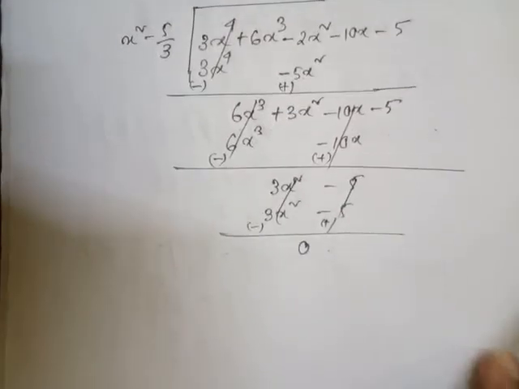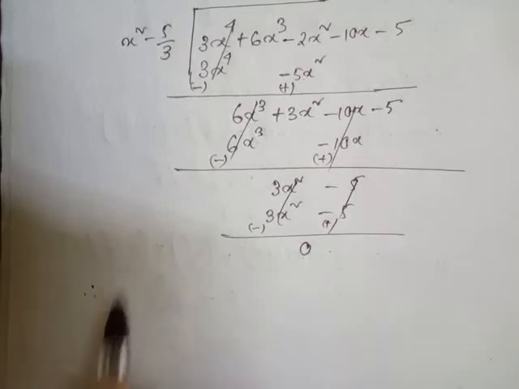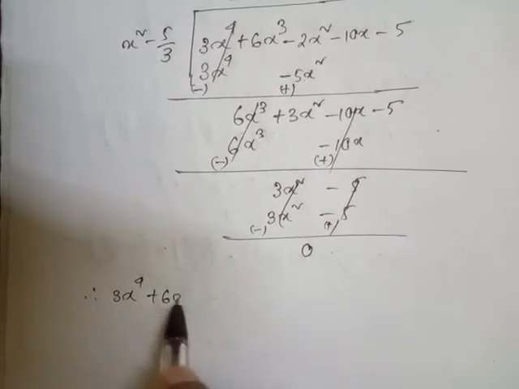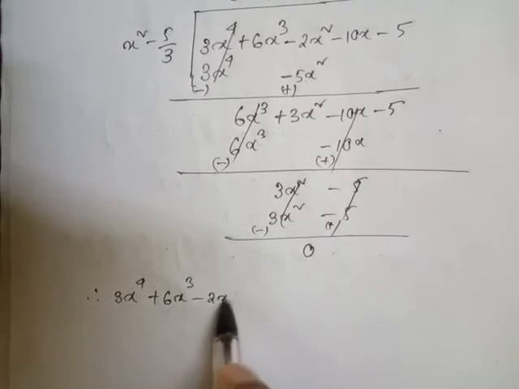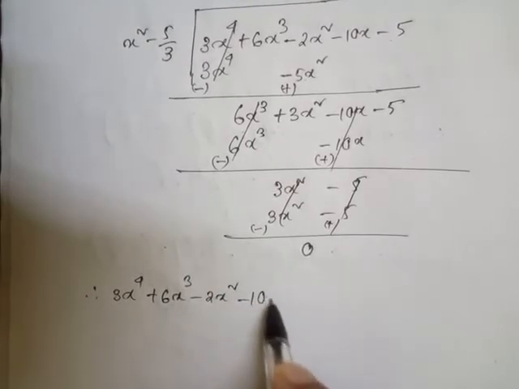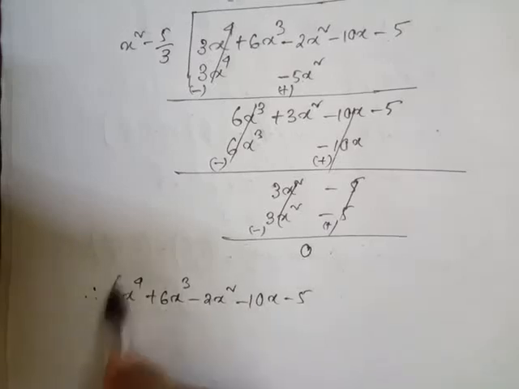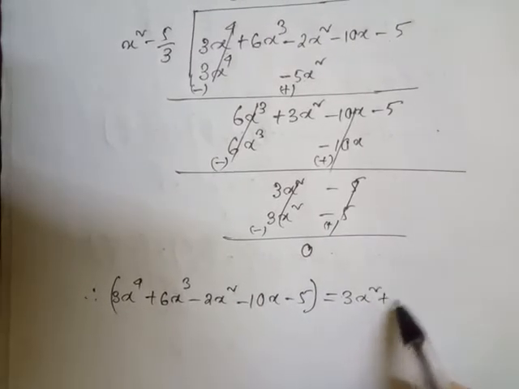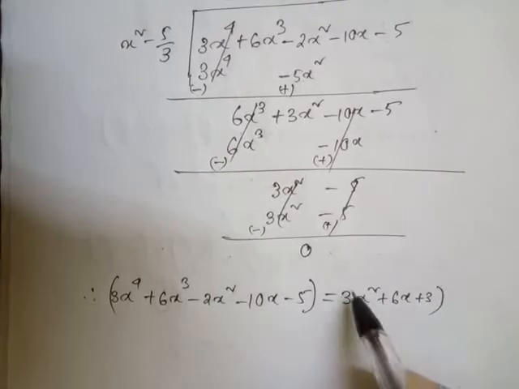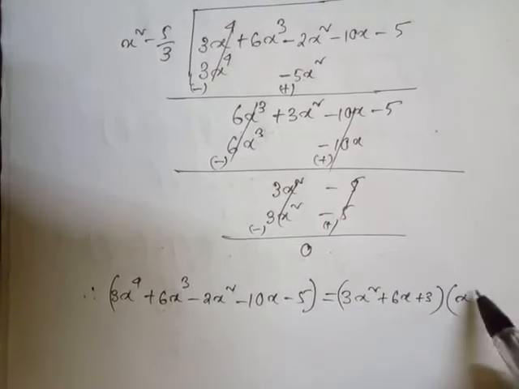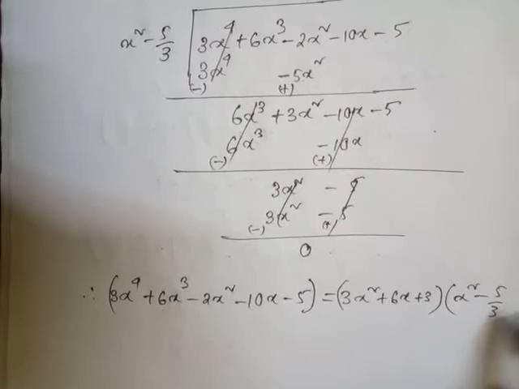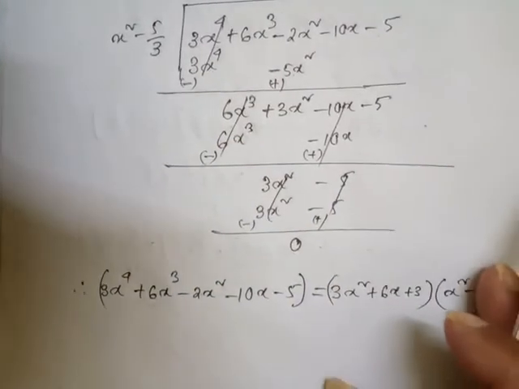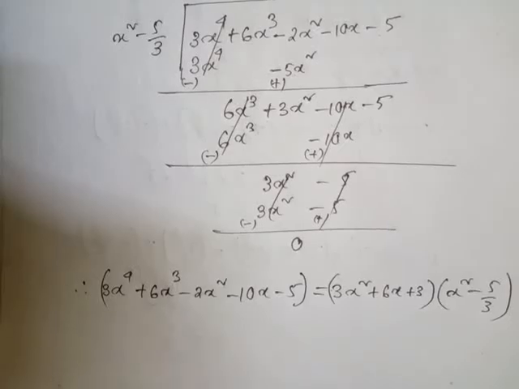Now after that we can say that therefore 3x to the power 4 plus 6x cube minus 2x square minus 10x minus 5 equals 3x square plus 6x plus 3, and the next one is x square minus 5 by 3. After multiplying these two and the remainder is 0, we'll get this one.